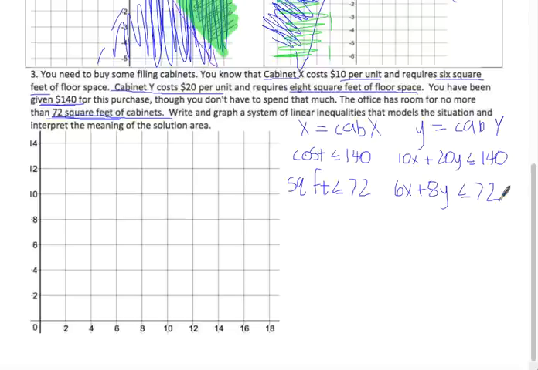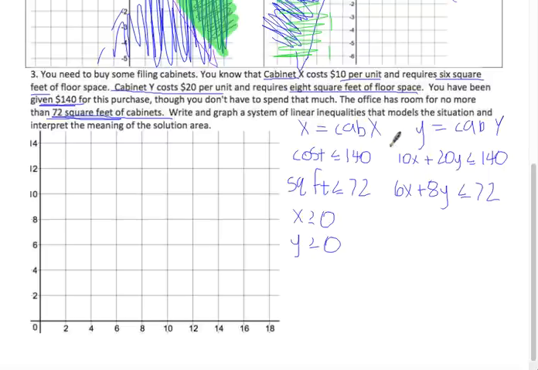And that's our system of inequalities. And then we also have, we can't buy a negative number of cabinets. So common sense tells us that X and Y both have to be greater than or equal to 0, which is why we only have the first quadrant of the graph here, right? I didn't put any negatives.